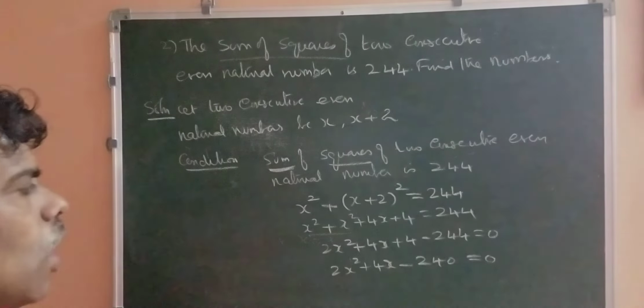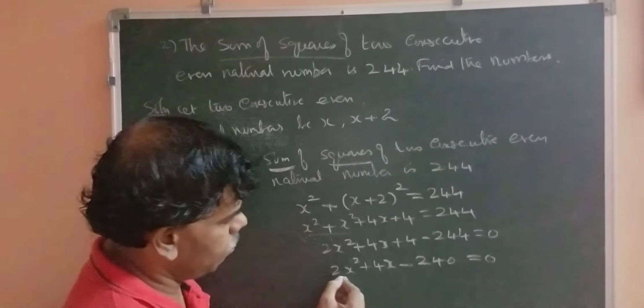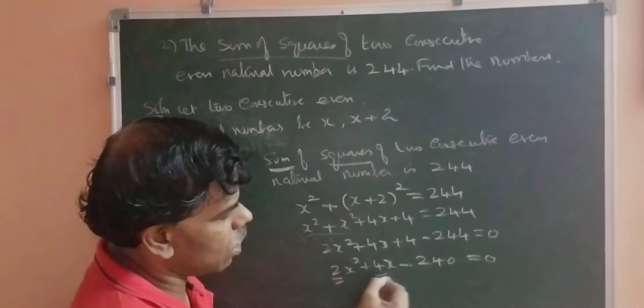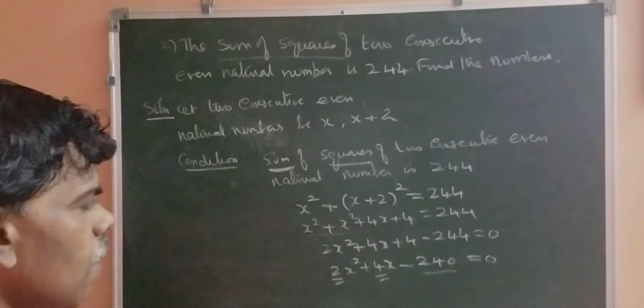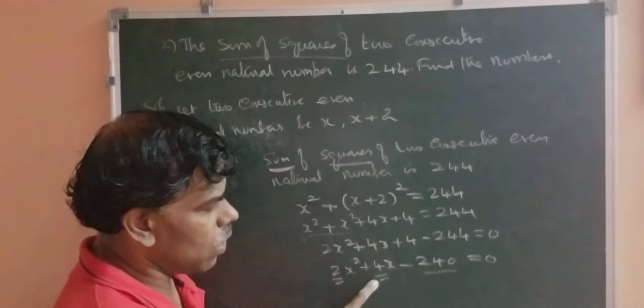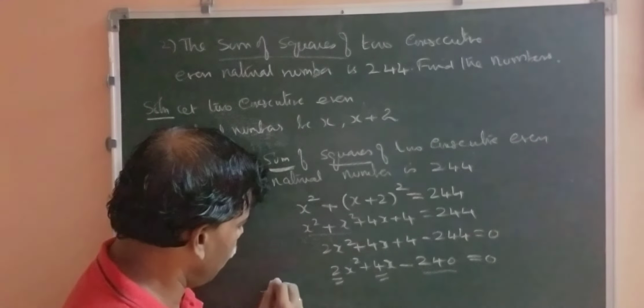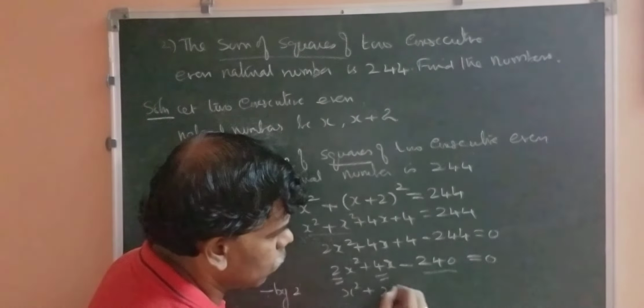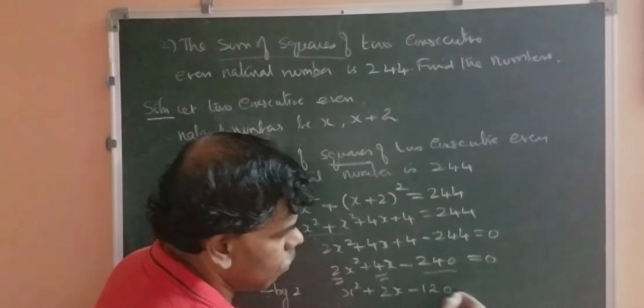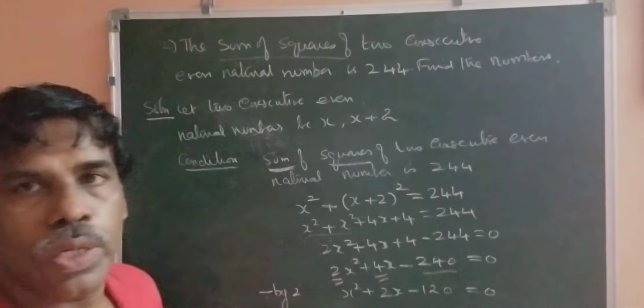Yeah. Now, look at this. Coefficient of x square, coefficient of x and constant term, these are all a multiple of 2. So divide the equation by 2. So what will you get? x square plus 2x minus 120 equal to 0.